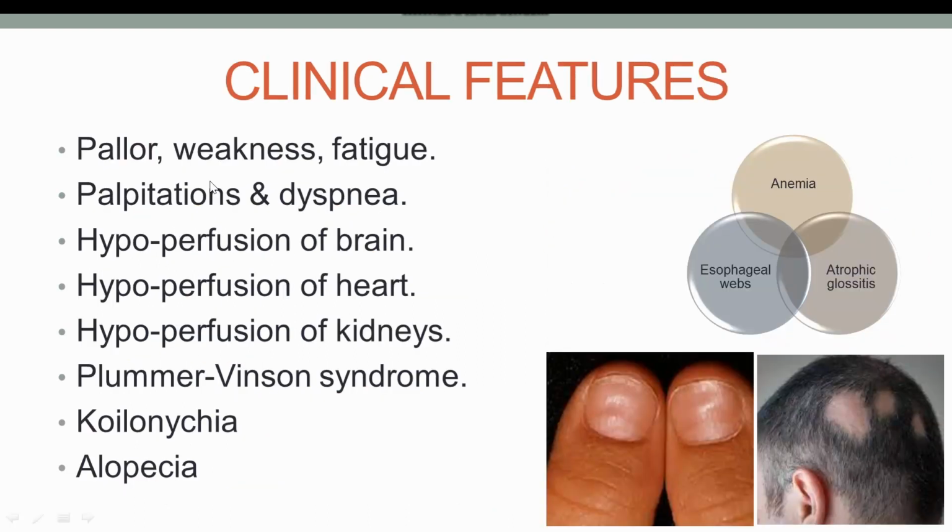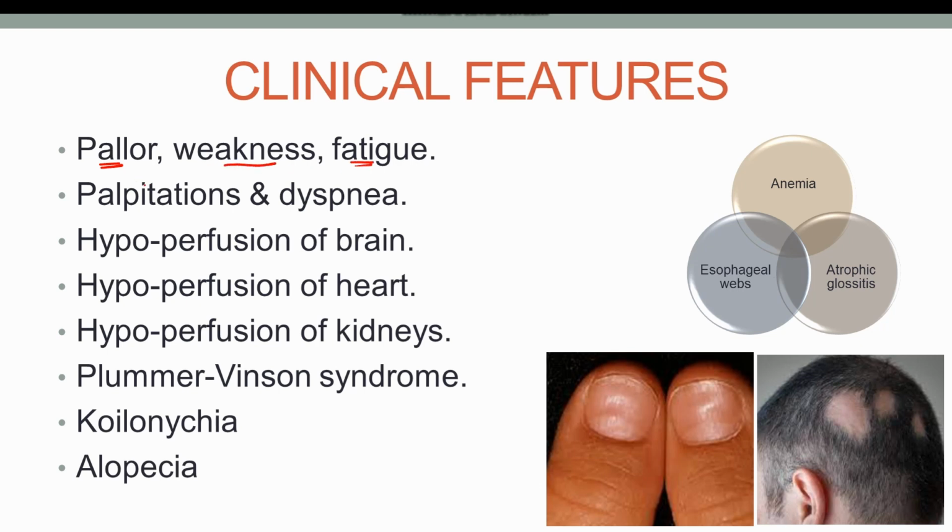So coming towards the clinical features, as is well established, anemia results in decreased hemoglobin, so there is an inability of blood to efficiently provide oxygen to the tissues. This ultimately results in hypoxia. The hypoxia of skin results in pallor, and hypoxia of muscles results in weakness and fatigue.